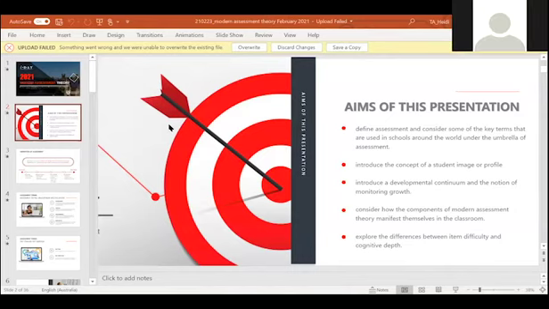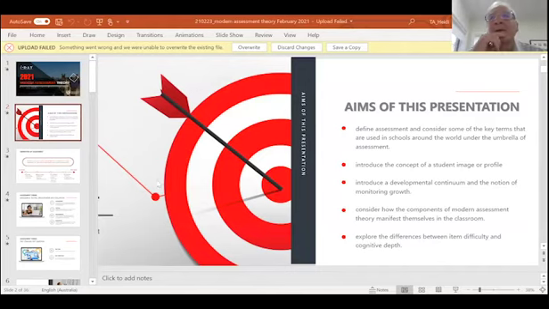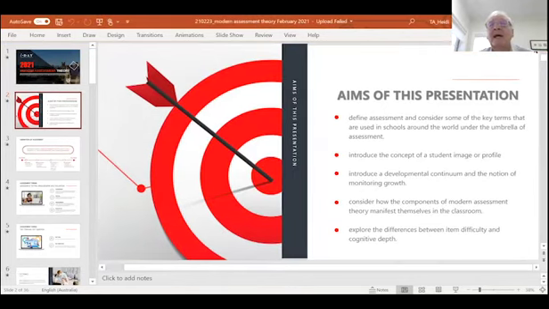Plus question time. Okay. Right, so what I'm going to do today is just quickly go through what I call modern assessment theory, which is the way we tend to think about assessment these days. Then you can link it to where you are in your neck of the woods, wherever you are around the world, and see whether you apply it already, or it fits into your context, or you see something useful that you might like to read more about.